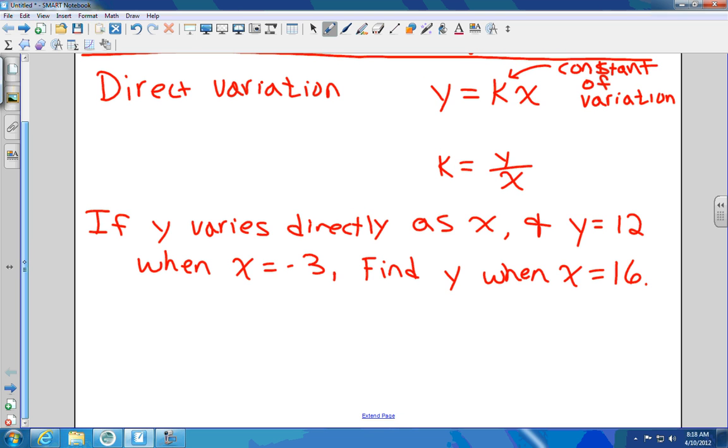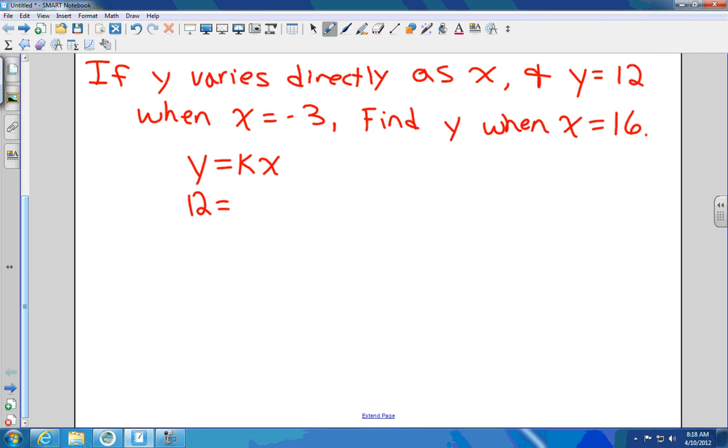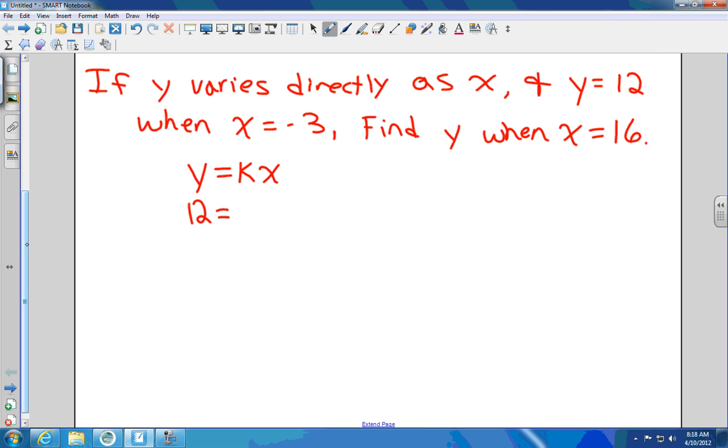So since they told you y varies directly as x, you can use the equation y equals kx. And you can plug in the two things that were given. What was the given y? 12. And what was the given x? -3.